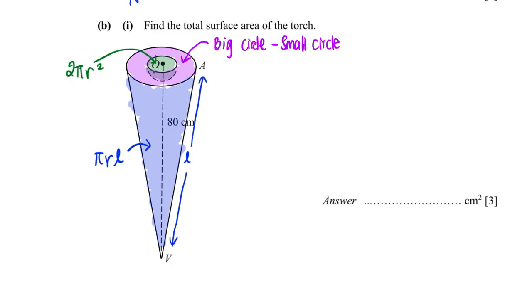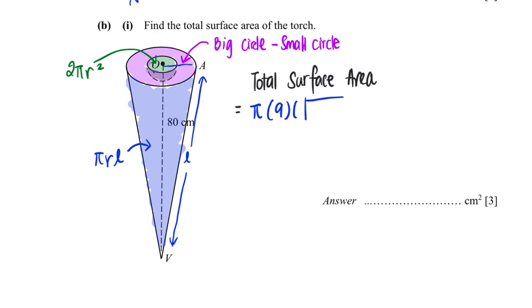And so to find the total surface area, I will first have my pi rl, where the radius of the cone is 9. Do notice I'm going to use the square root of 6,481.